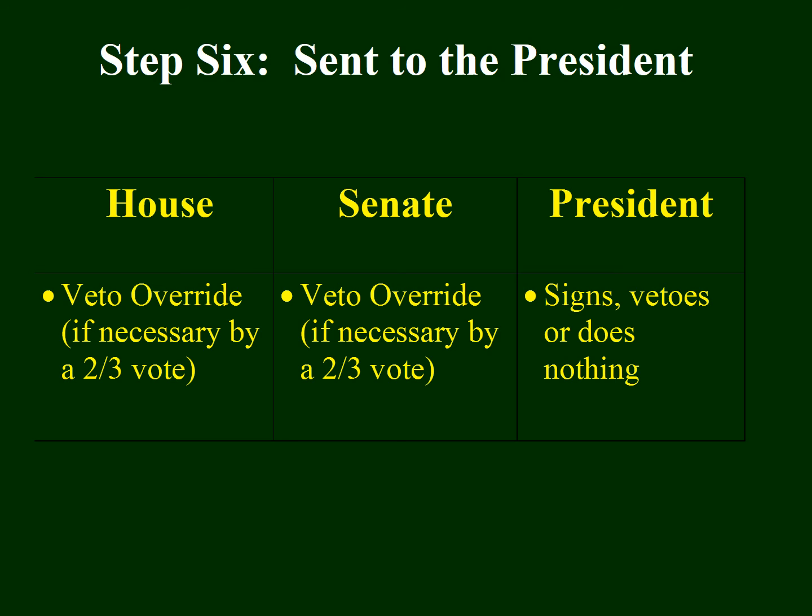So here we are back to that chart. If the president issues a veto, an override vote is taken in both the House and the Senate, and if they vote to override the presidential veto by that 2/3 majority, a bill can become a law even without the president's authority or approval.